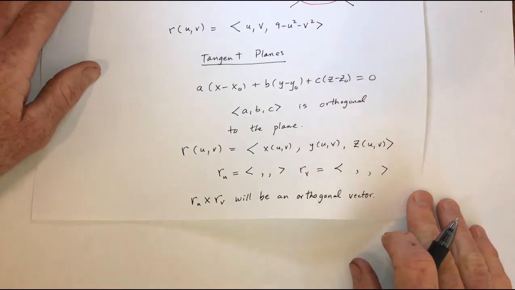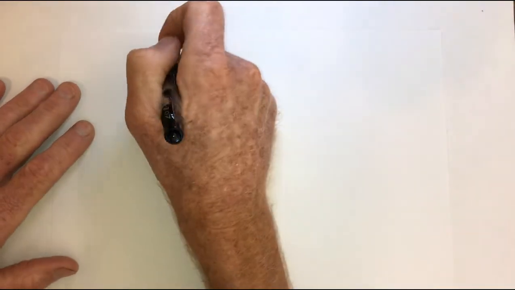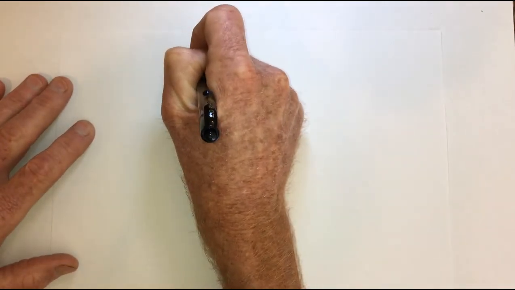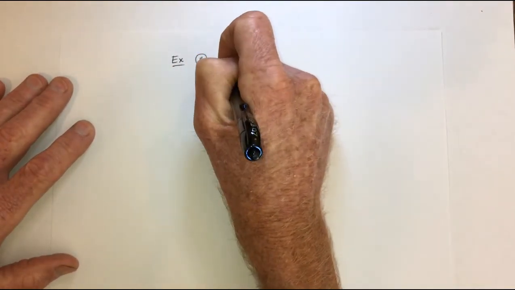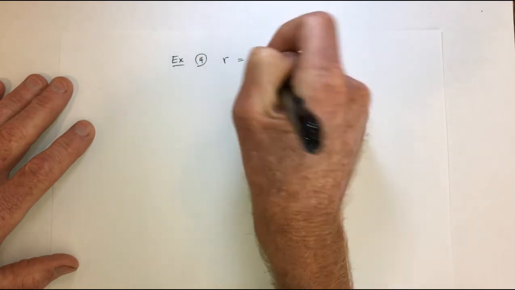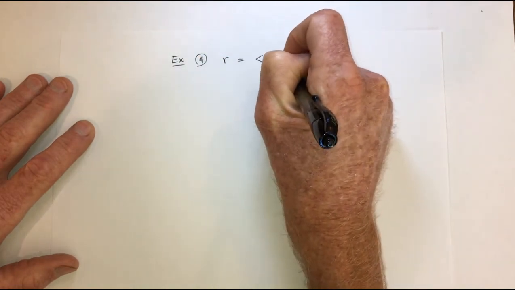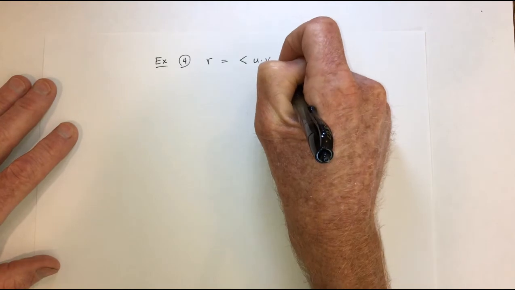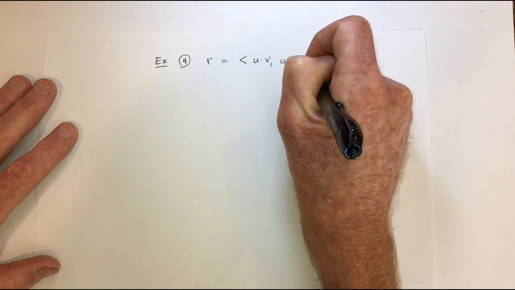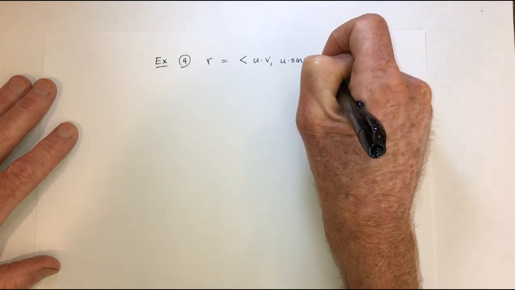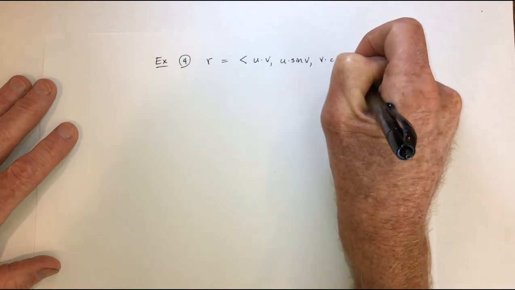Okay, then on to example number 4. For example number 4, r is going to be, the first component is just u times v, and then we'll have u times sine of v, and v times cosine of u.